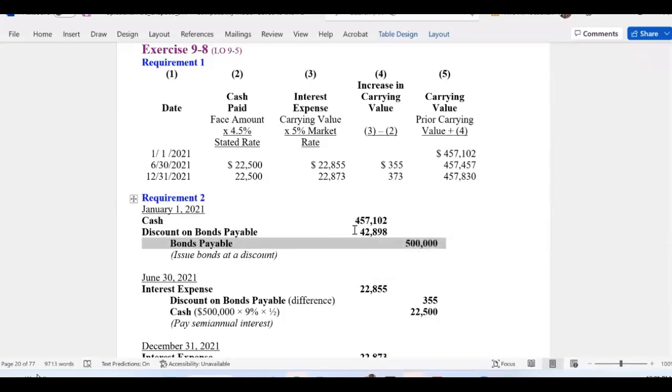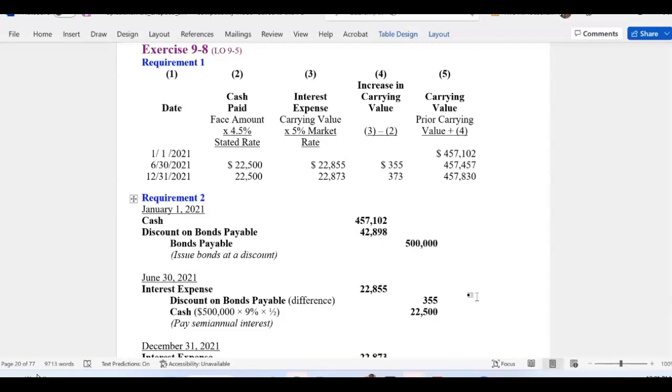So the investors got 42,898 as a form of discount. Okay, but that discount needs to be amortized all the way down to 0. Got it? Discount needs to be amortized all the way down to 0.